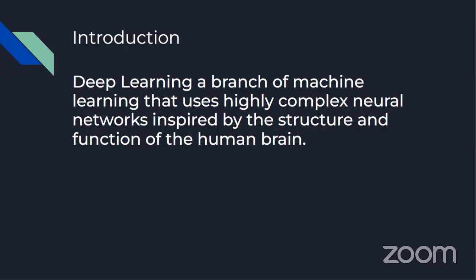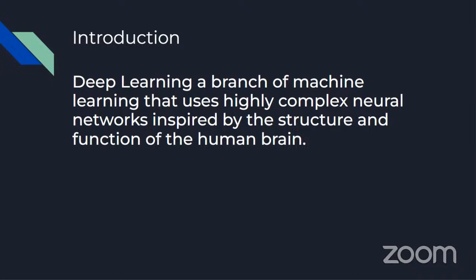So in machine learning, there is something known as neural networks also, artificial neural networks. When we talk about neural networks, deep learning only works on neural networks. It has no other algorithm working under this heading, deep learning.